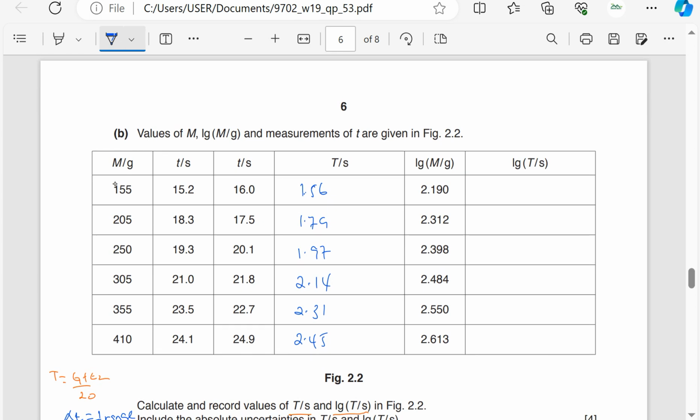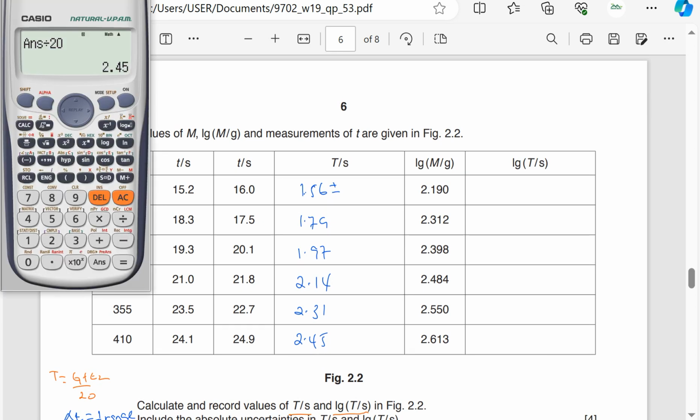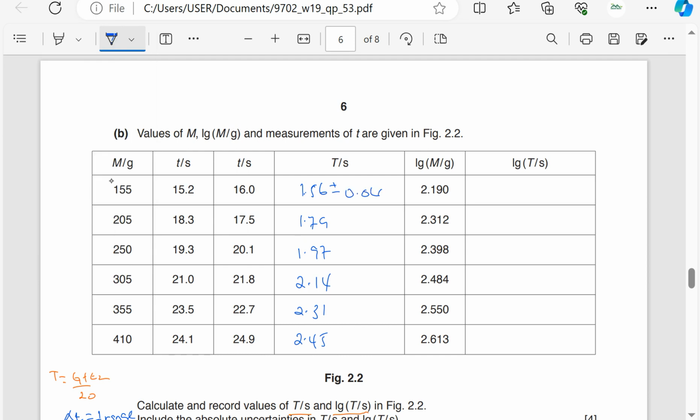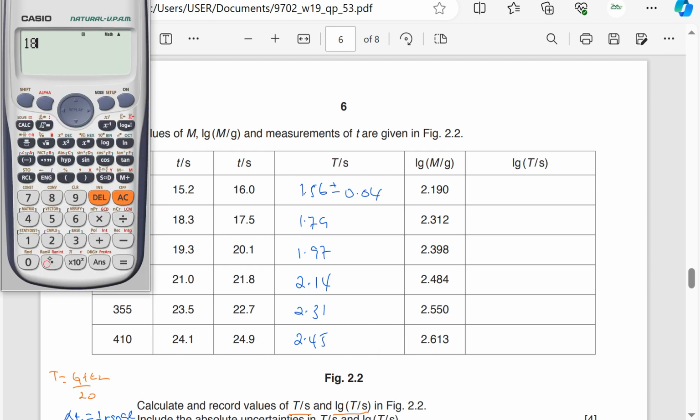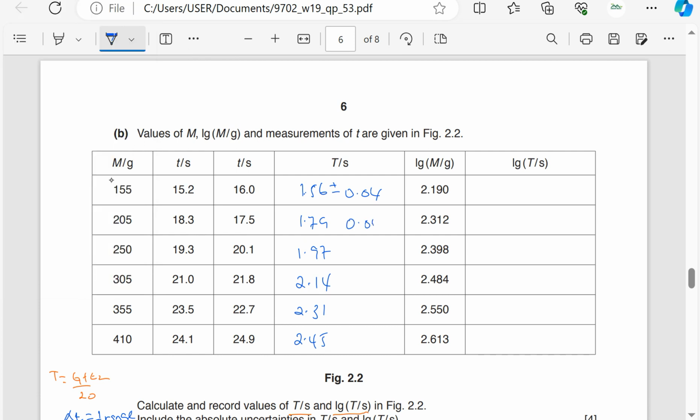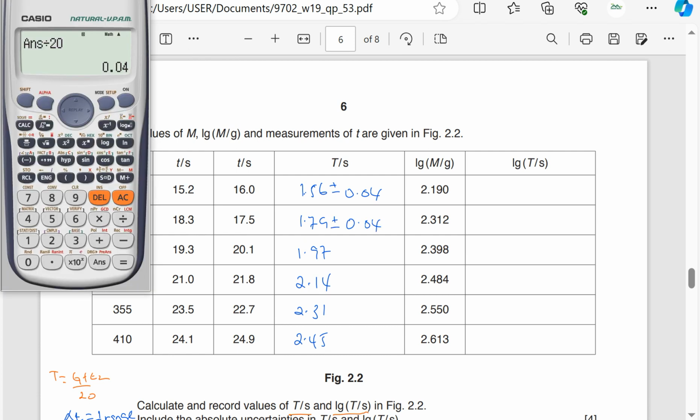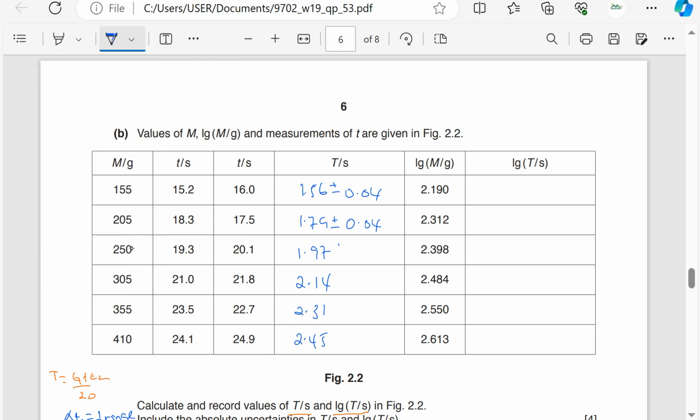So let's check the first one. This will be plus or minus 16 minus 15.2 divided by 20. That is 0.04. The next one, 18.3 minus 17.5 divided by 20. So that is plus or minus 0.04. Then we have 19.3 minus 20.1 divided by 20. So still this is plus or minus 0.04.